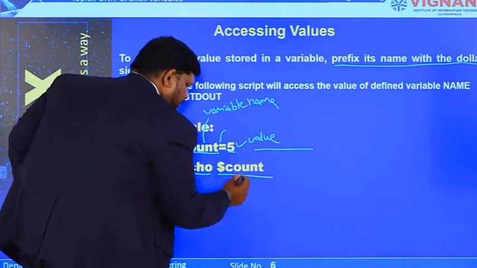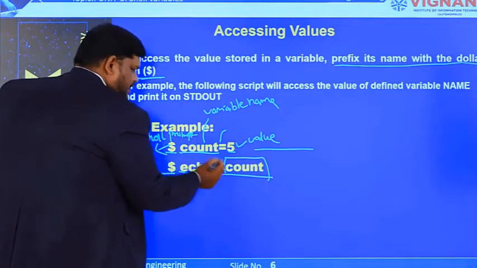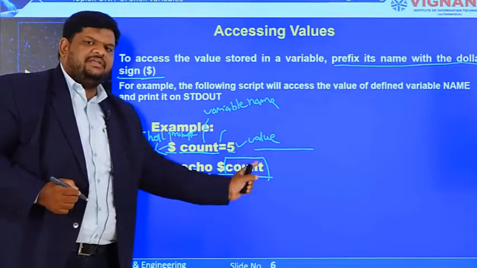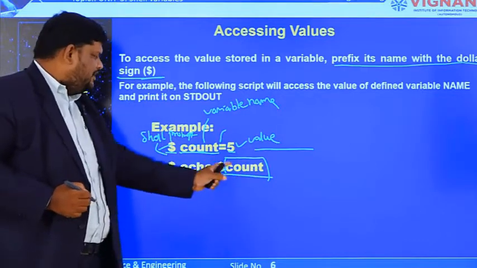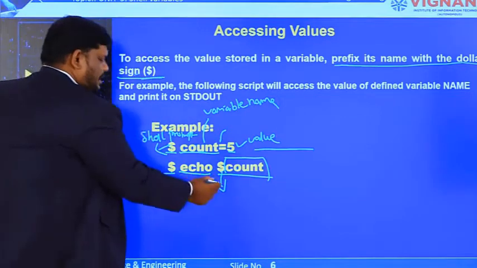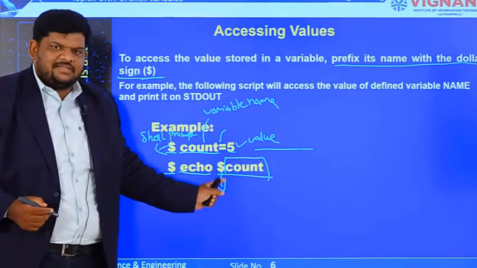If you observe carefully, count is the variable name. Before that variable name, we are writing a dollar sign. This is not the shell prompt; this is a dollar sign.